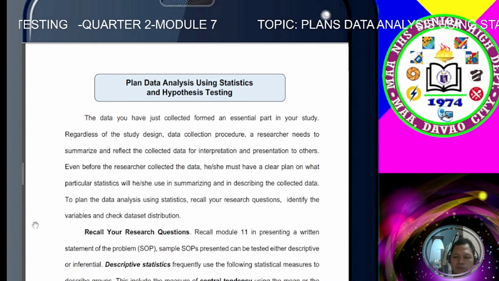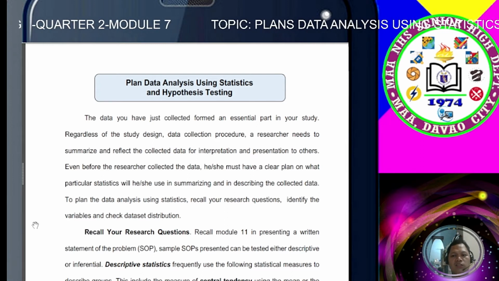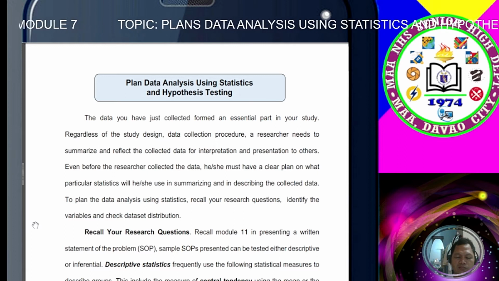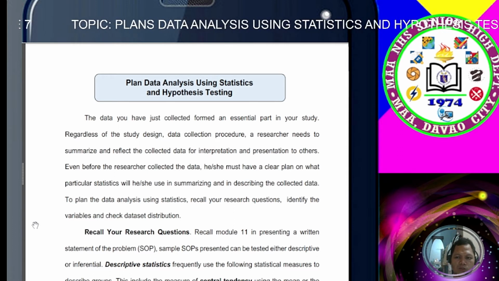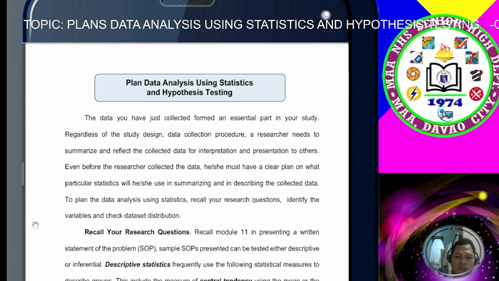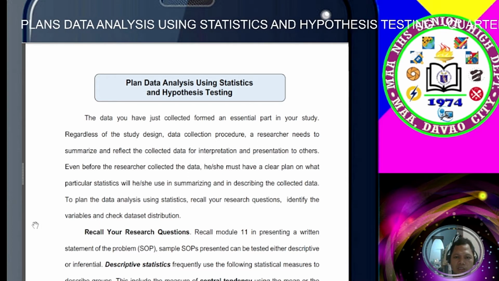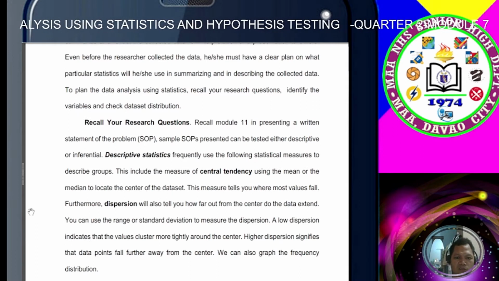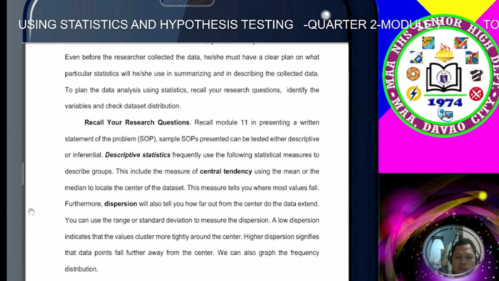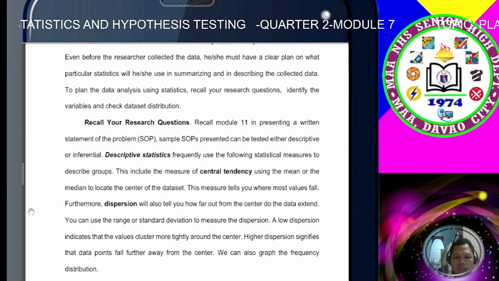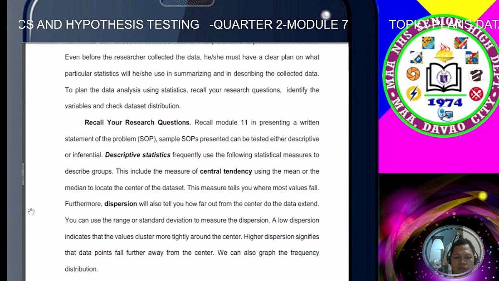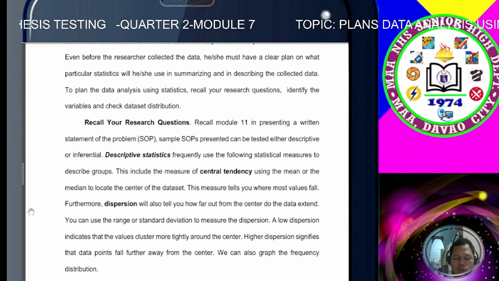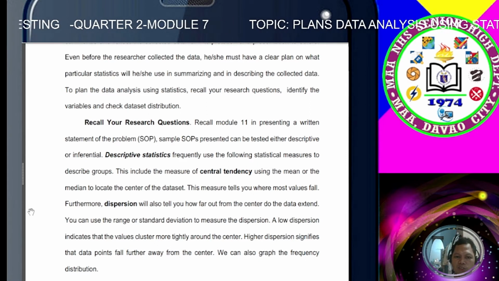It will be about statistical tests of relationship and difference. We will have a separate discussion on how to compute that in succeeding modules. Let's recall your research questions. Recall Module 11 in presenting a written statement of the problem and research questions. We have here two types, descriptive or inferential.